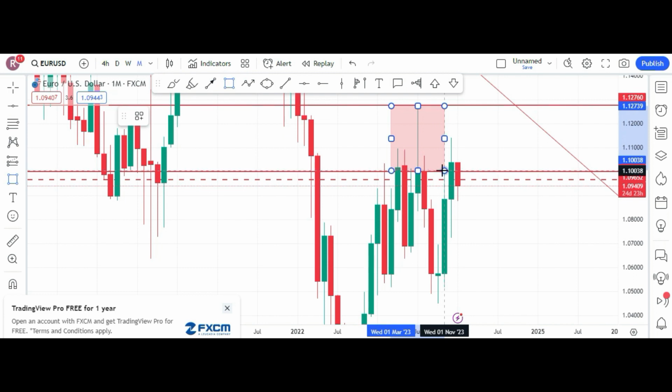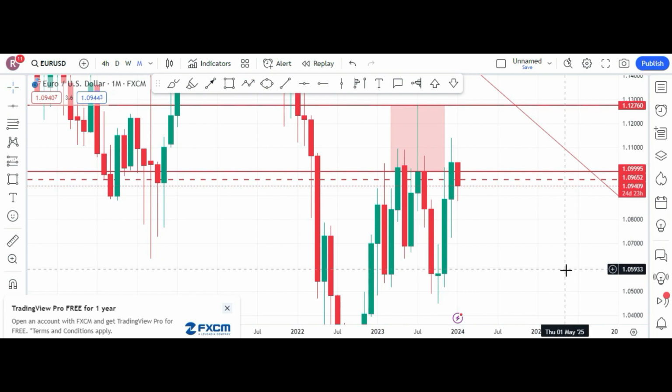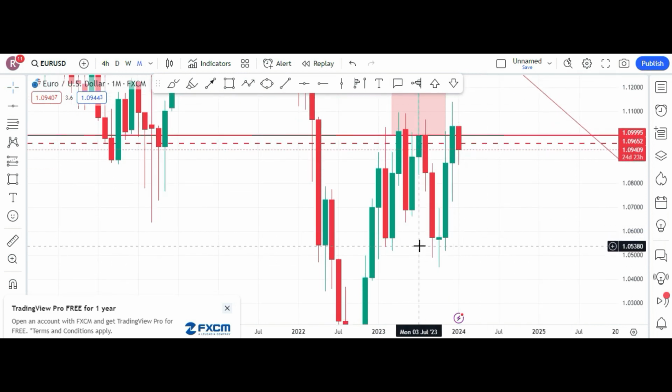We leave that green guy alone for the time being, because this was the double top we had in monthly, and this pushed the price back here, and after pushing the price back here we have a double bottom here in monthly also.